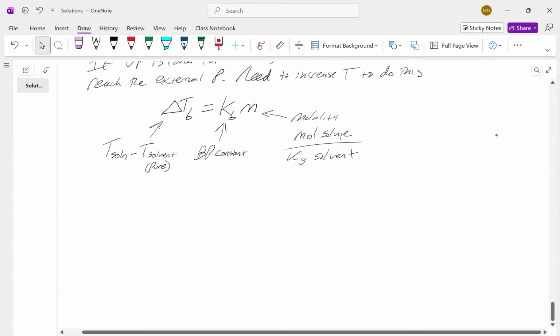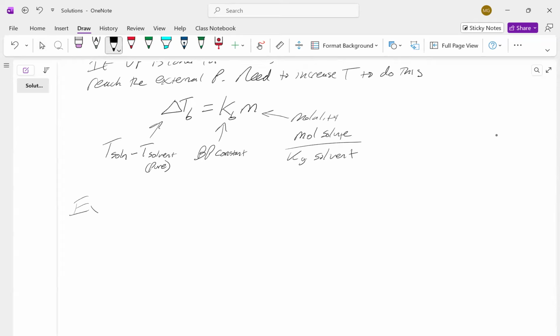So most of the problems involving this, you're just going to take some data, throw it right into the formula, and solve for something that you don't know. So let's do an example. What is the boiling point of a 0.330 molal solution of a non-volatile solute in benzene?